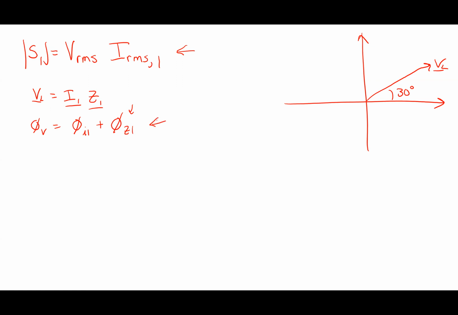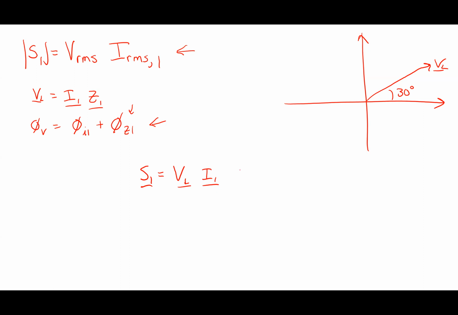Okay. Now, that's one way to do it. There's a couple of other ways to do it, right? What I actually did was a little bit differently. What I did was I said S1 as a vector equals VL as a vector times I1, the current in this thing, as a vector.